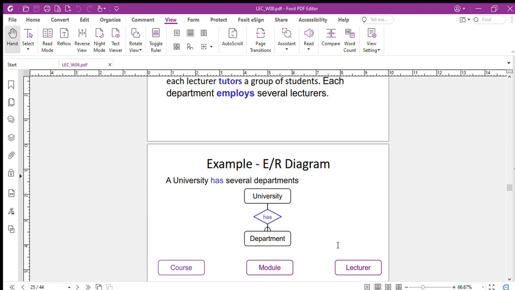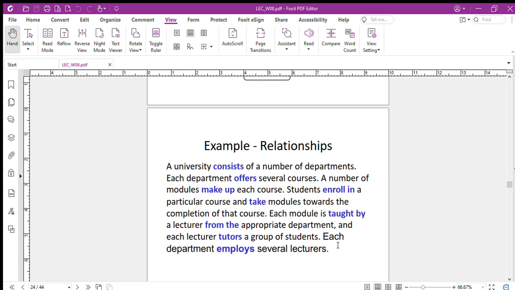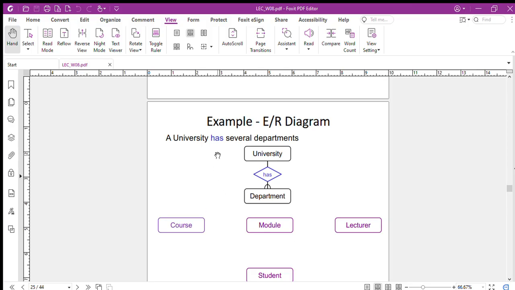So we have highlighted them, and now we just simply have to translate those words or verbs into relationships. So 'university has several departments' is converted into this: the university and the department have a connection, and this connection has a name.